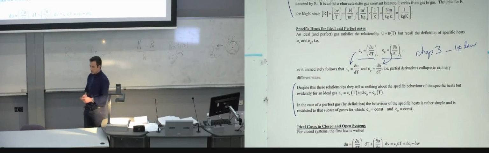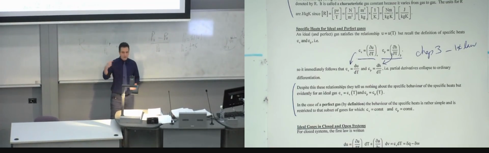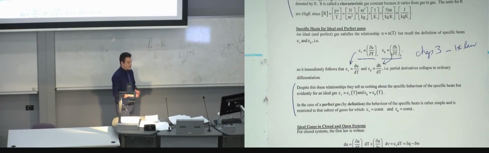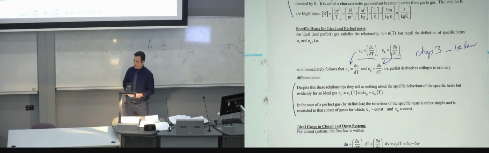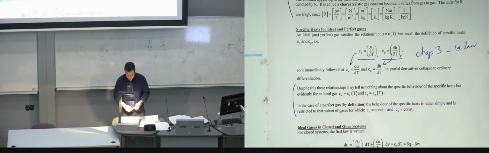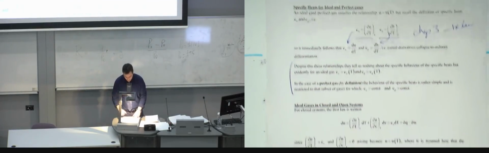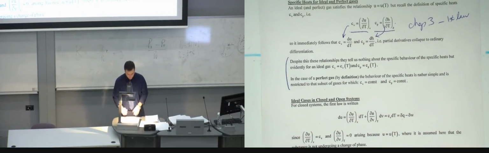It's easier because if the value of Cp and Cv is constant, you can just stick it in the equation, and that's it. If it's a function of temperature in an ideal gas, then you've got one more step to go through, which means your equations will become slightly more complicated. We come back to this, I think on page 11 or 12, but for now let's just remember that this is the difference between the 2.